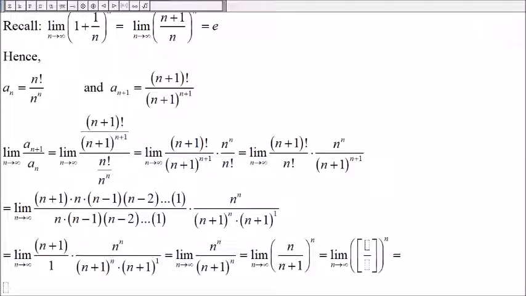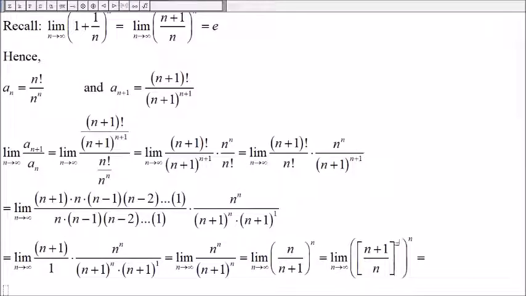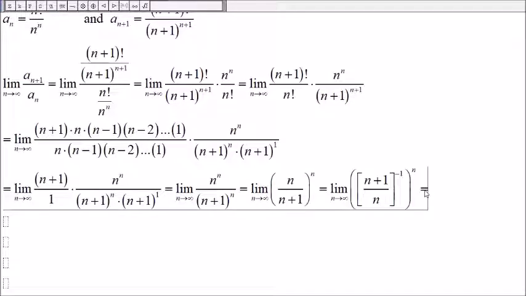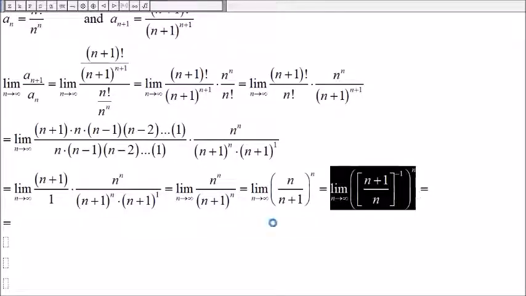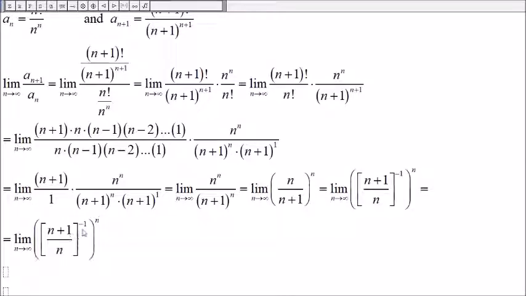So this is the same as ((n + 1)/n) to the negative 1, and then negative 1 times n is negative n.